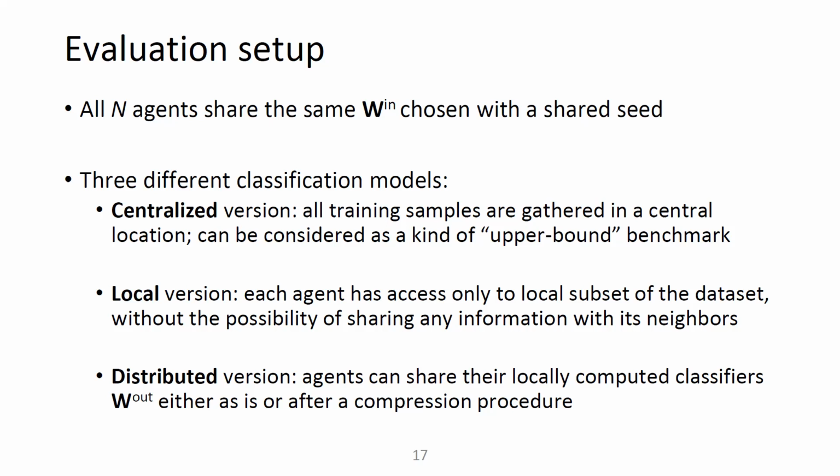Then we have our distributed version, which is the one I just explained in detail. In this case, each agent can share in the network the locally computed classifiers, either as they are, or with a compression procedure exploiting hyperdimensional computing.